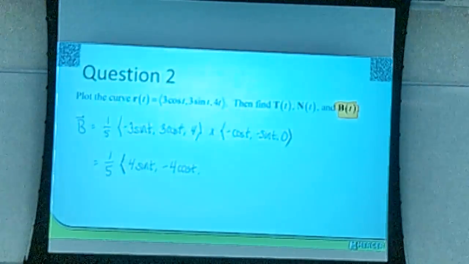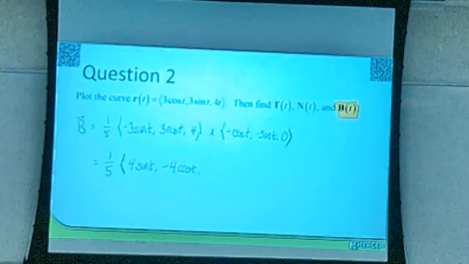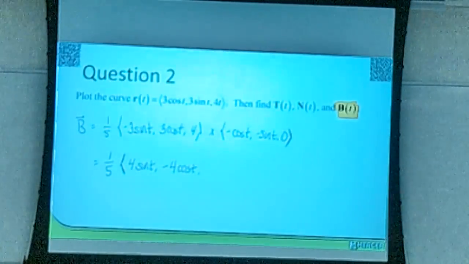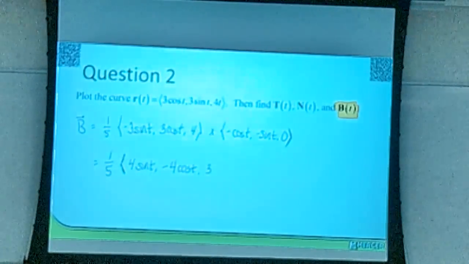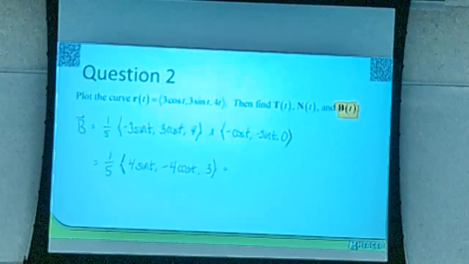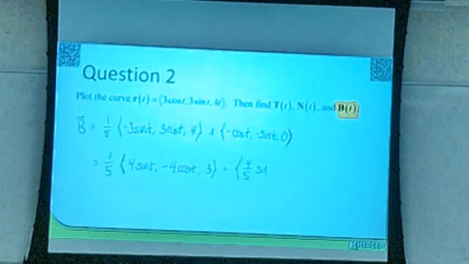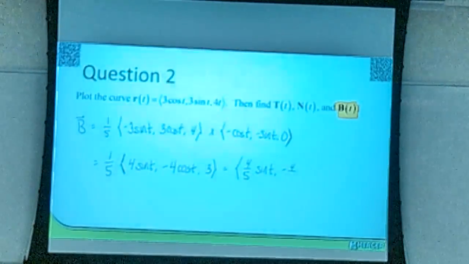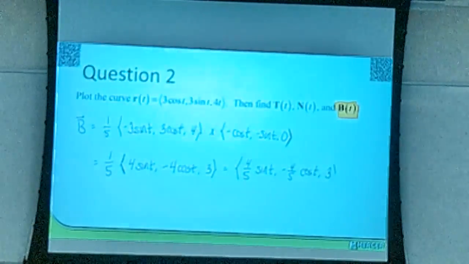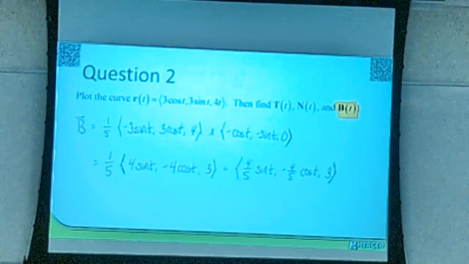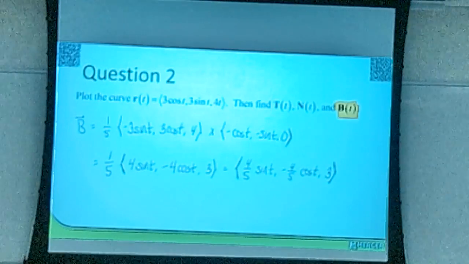And the third component, 3 sine squared minus negative 3 cosine squared, which is what? Just 3. And here's the binormal.